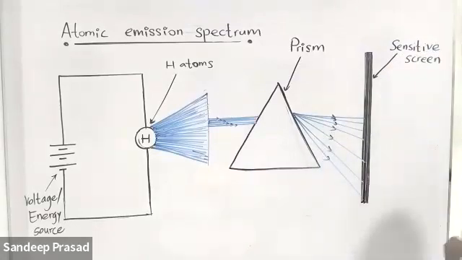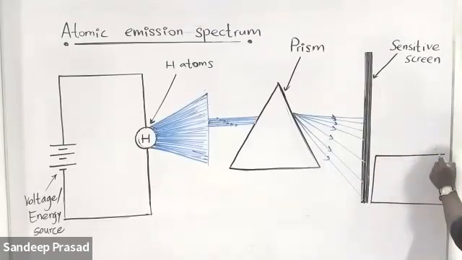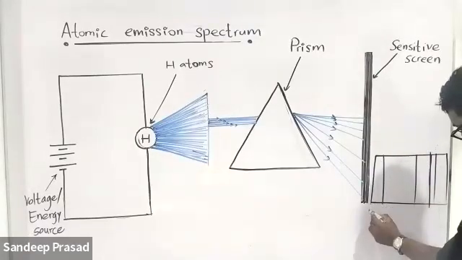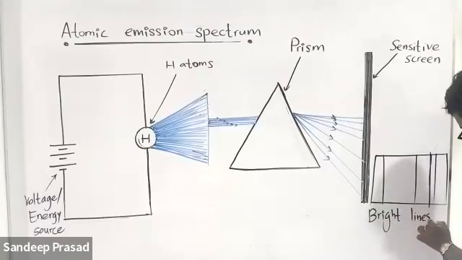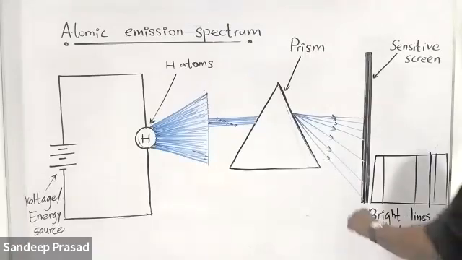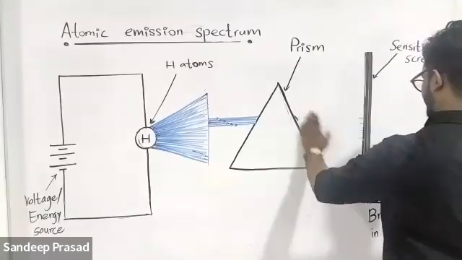Okay. And here you can see, this is the sensitive screen. Bright lines in a dark background. Here, if we want, we can draw 4 lines.